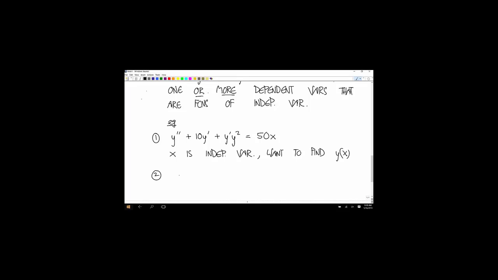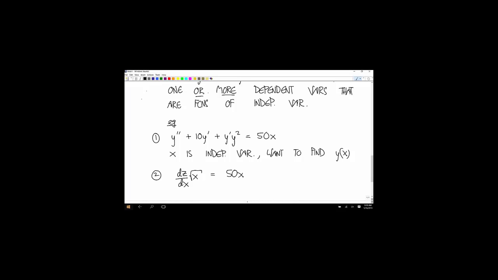Here's a second one. Let's say dz/dx times the square root of x is equal to 50x. Again, there's no partial derivative. We're told explicitly that z is a function of x.